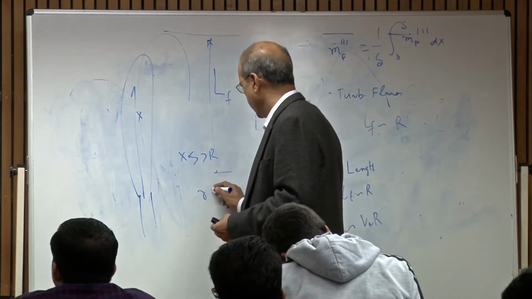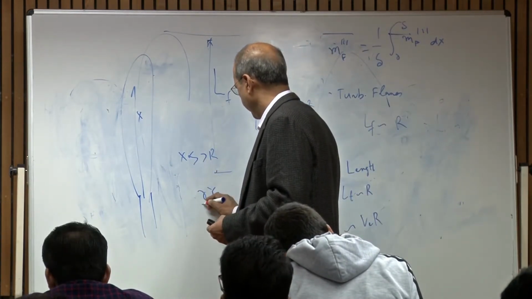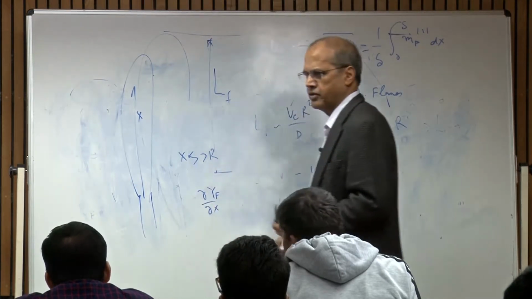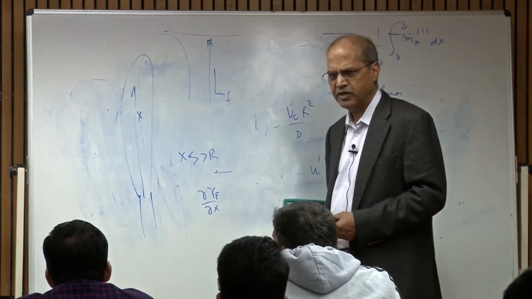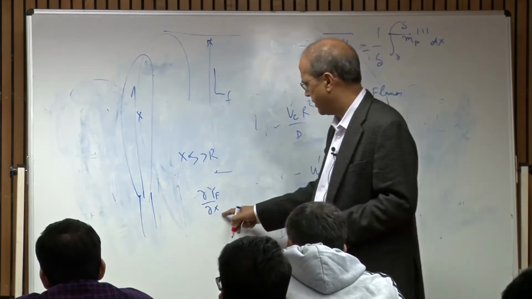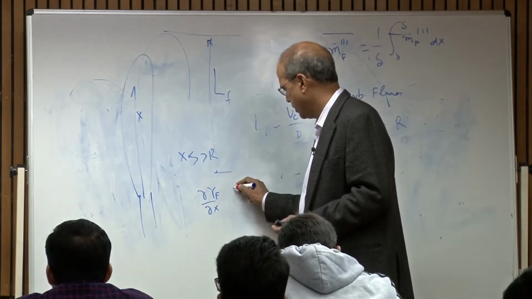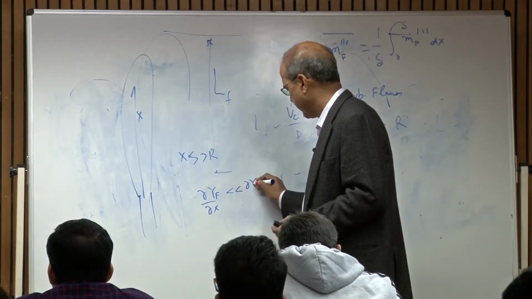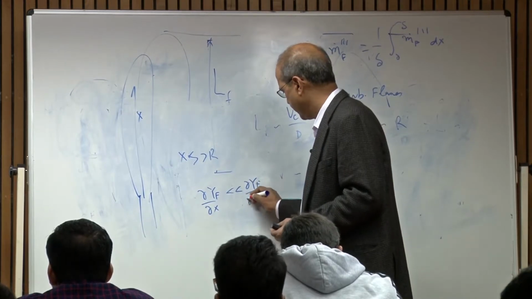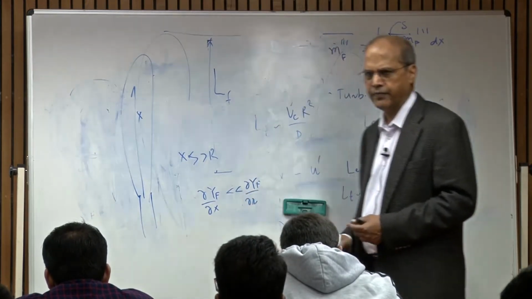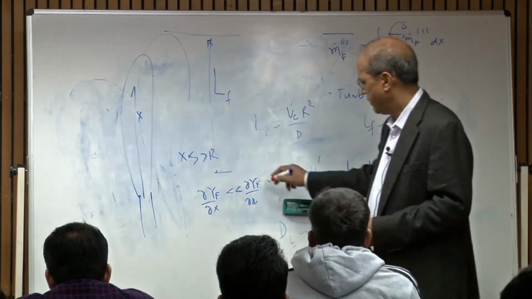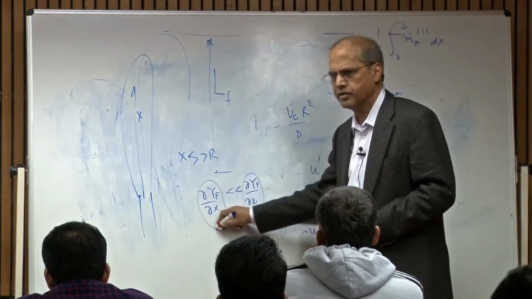So what does that mean? If you have dYF/dx, x is much larger than r, so this will be much smaller than dYF/dr. So this one dominates compared to this.